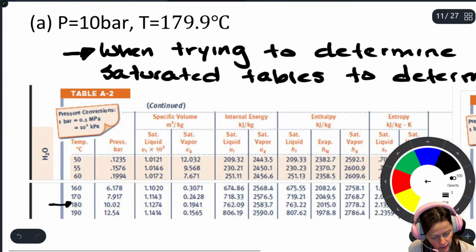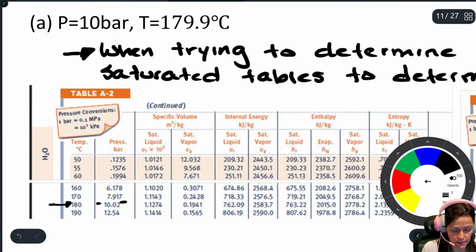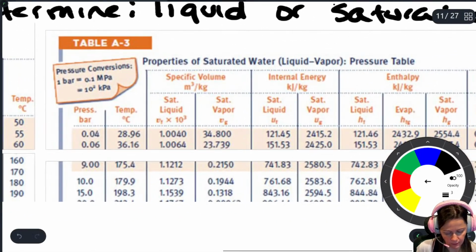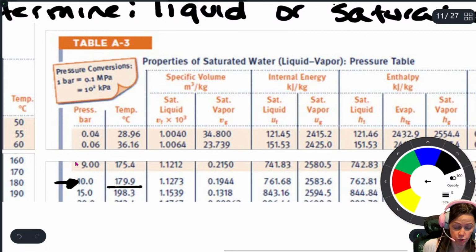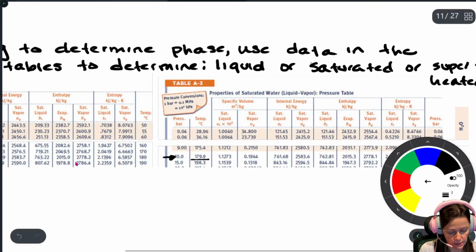Like I said, it's the same information in table A2 as in A3, and sometimes one is a little bit more convenient than the other, because in A3 you have a line item just for 10 bar, and you can see that the saturation temperature is 179.9 degrees Celsius.